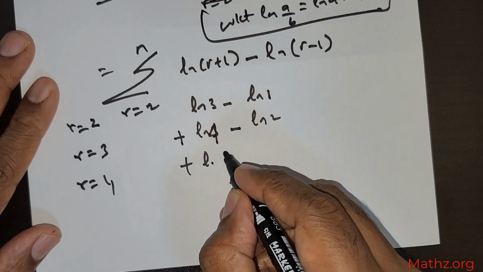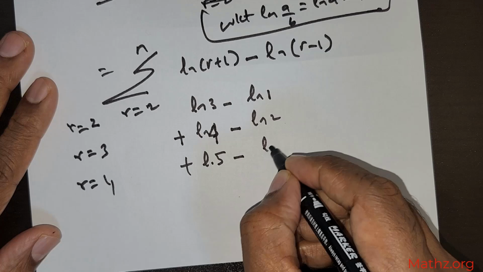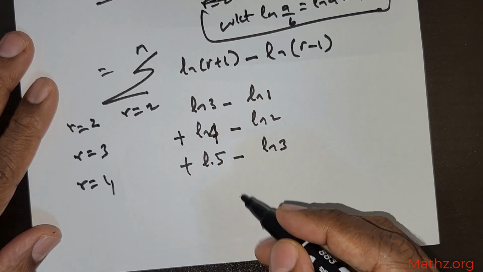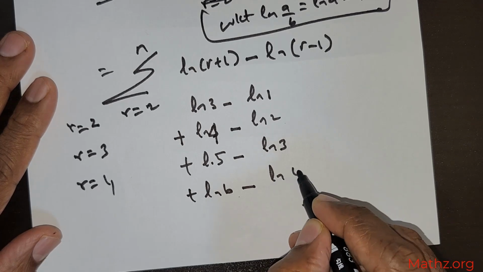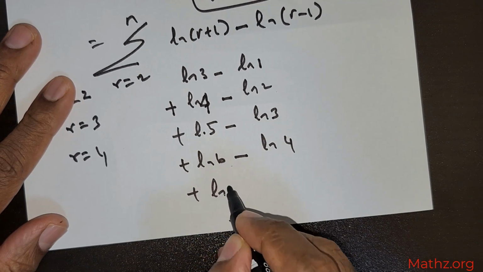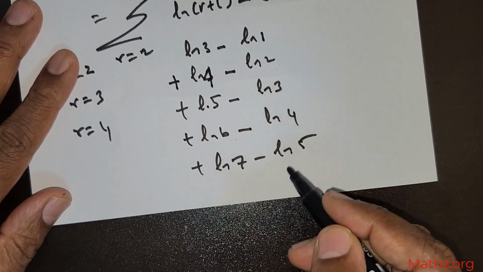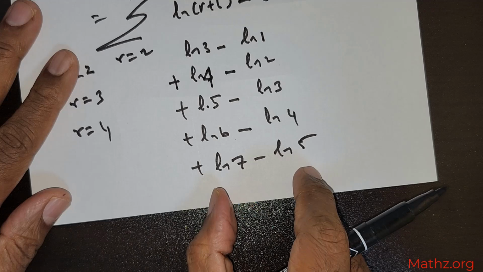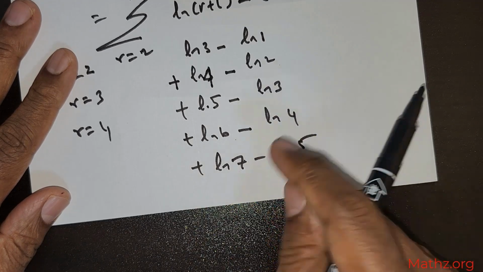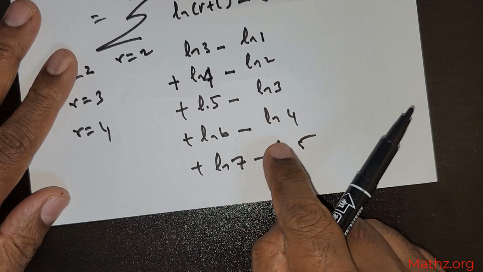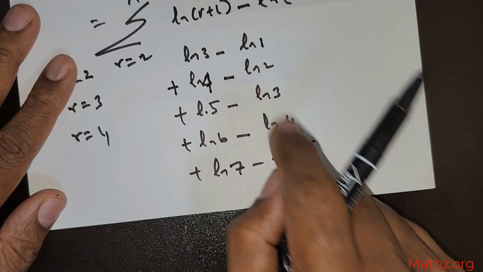When r takes the value 4, you get ln 5 negative ln of 4 negative 1, that's going to be 3. So this is going to be ln 6 negative ln 4 and this is going to be ln 7 negative ln 5. So clearly you can see what's exactly happening here, right? This is 7 and exactly over here you get 4. This is 6, exactly over here you get 3. This is 5, exactly over here you get 2.